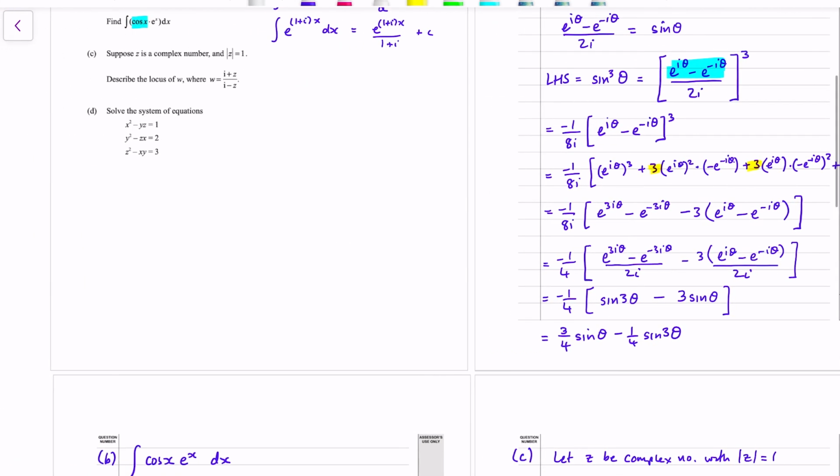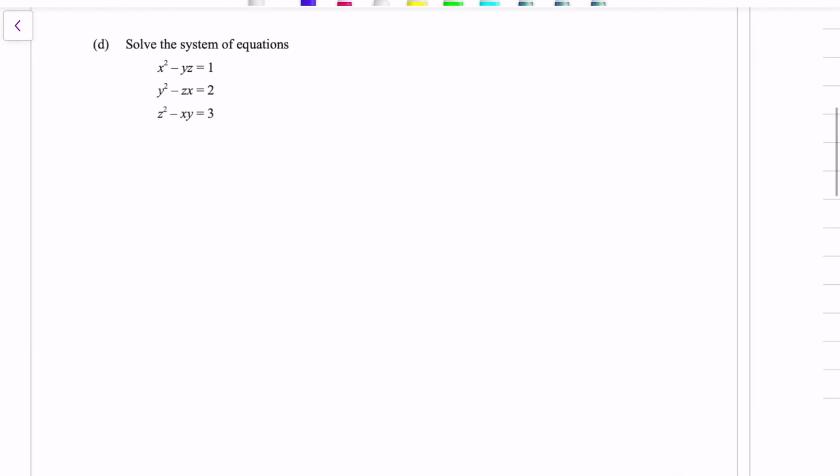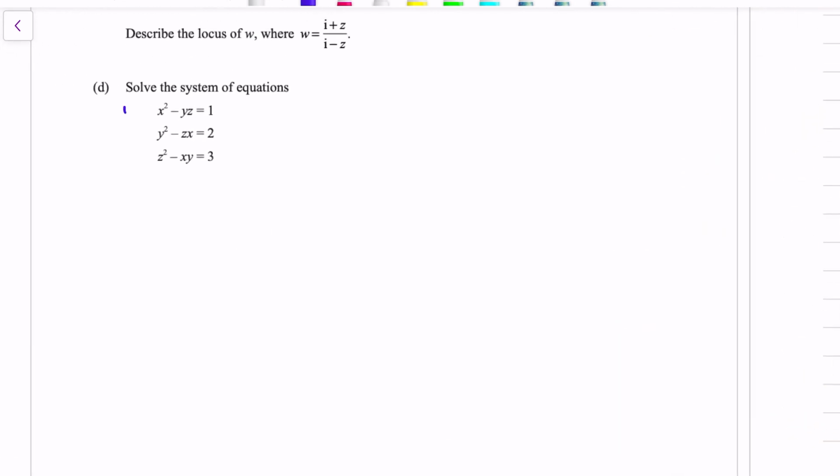Okay, this fourth system of equations is a very, very sneaky problem. And like I said earlier, I tried heaps of different rearrangements and wasn't getting anywhere. The key thing to notice is when you subtract, if we could just label these equations, equation 1, equation 2, and equation 3.